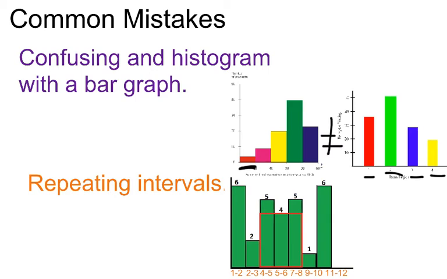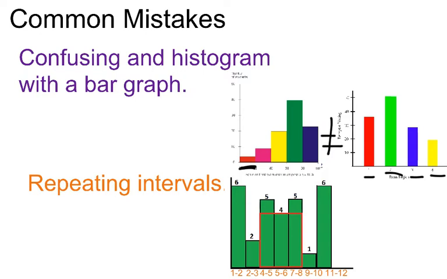So these two graphs are not equal. Another important note, in a histogram, unless there's a gap between intervals of numbers, the bars are touching, whereas in a bar graph, the bars are separated out.